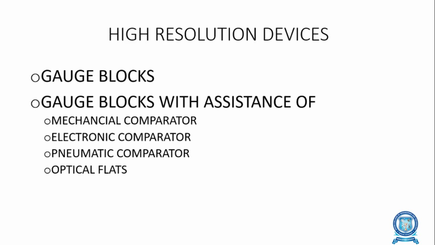The third is high resolution devices. In these high resolution devices, one is gauge blocks, with the assistance of mechanical comparator, electronic comparator, pneumatic comparator, and optical flats. These are the three main classifications of linear measuring instruments.